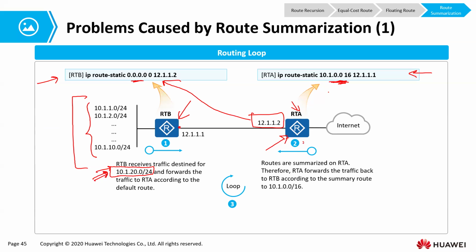So what does that mean? This router will forward it back because of this static route, and it goes back. These networks exist, but this network does not.